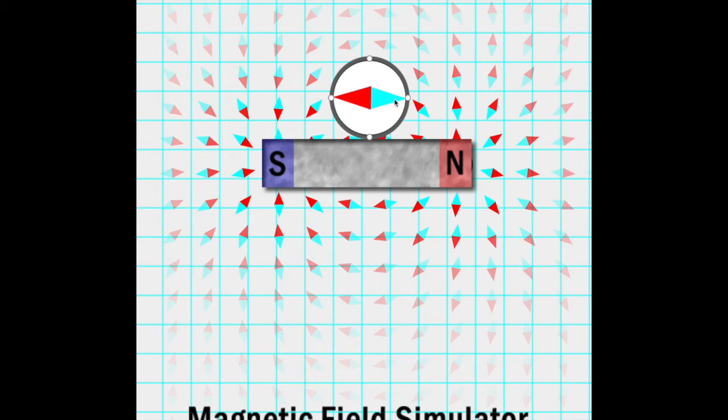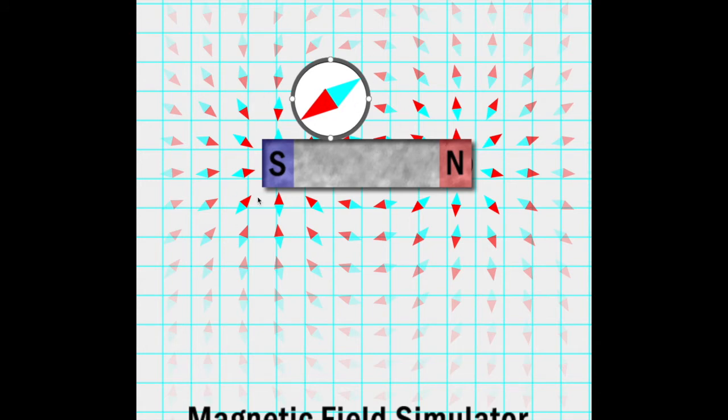So you are going to draw the red arrow pointing here. So you would draw this on your paper. Then you're going to move the compass slightly, and now you would draw that the red arrow is pointing here. Move it slightly again, do that. So go ahead and move the compass all around and draw at least 20 arrows showing where the compass points on your diagram. Pause the video, do that, and then come back after you've done that.